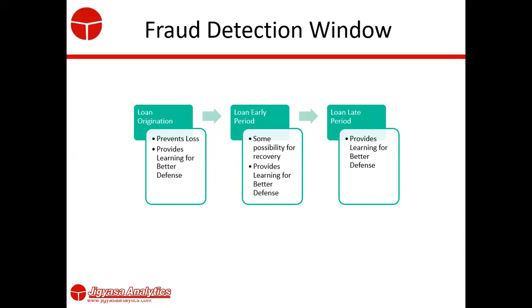And then if you detect fraud later, late in the period, at that point you probably don't have a lot of hope of recovery or prevention, because the loan has already been given and probably the fraud has already occurred, but it still provides learning for better defense.